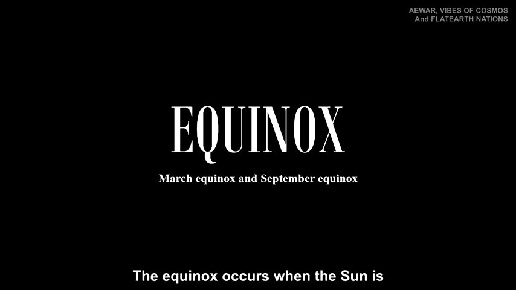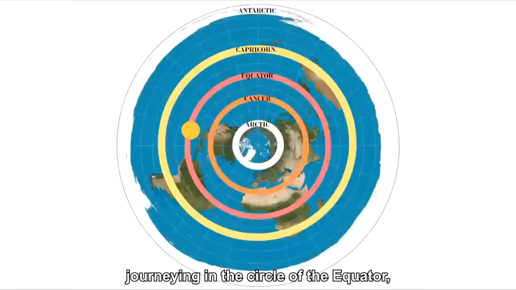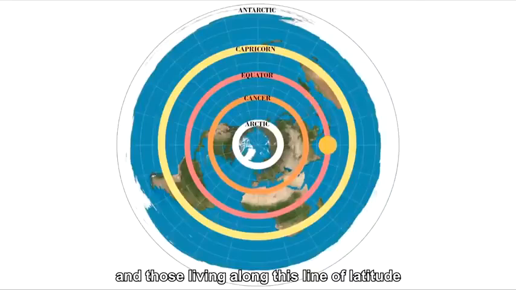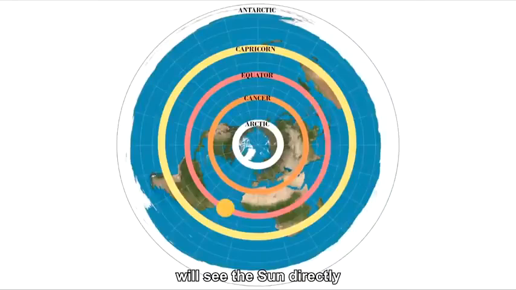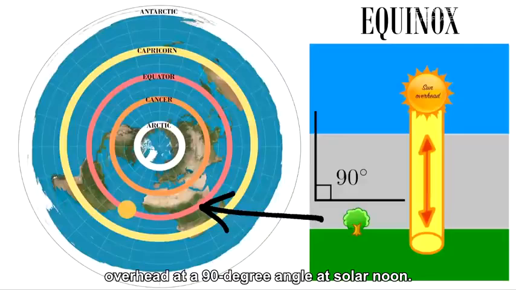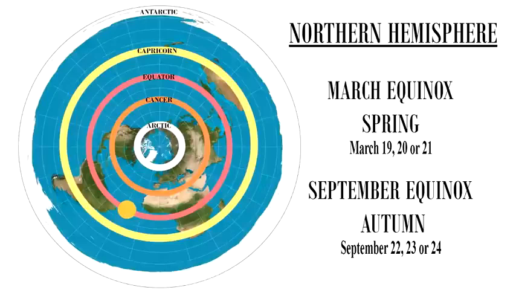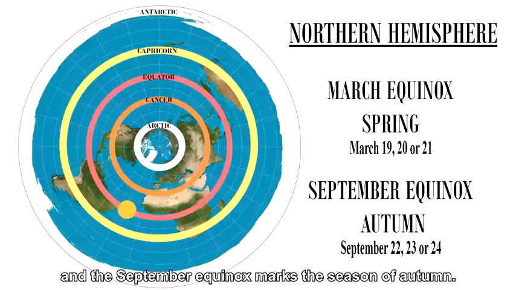The equinox occurs when the sun is journeying the circle of the equator, and those living along this line of latitude will see the sun directly overhead at a 90-degree angle at solar noon. The March equinox marks a season of spring in the northern hemisphere, and the September equinox marks a season of autumn.